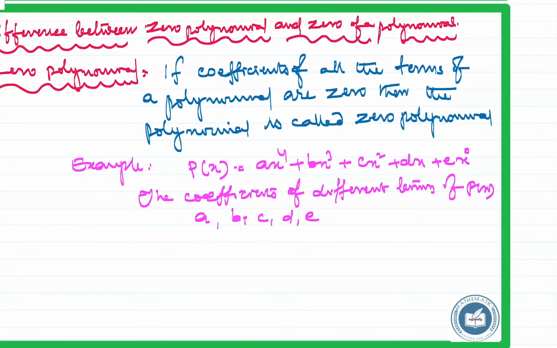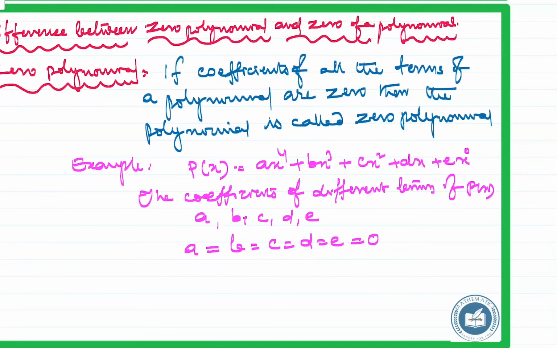The coefficients of the different terms of p of x are all equal to 0. So its meaning is a is equal to b is equal to c equal to d equal to e equal to 0.